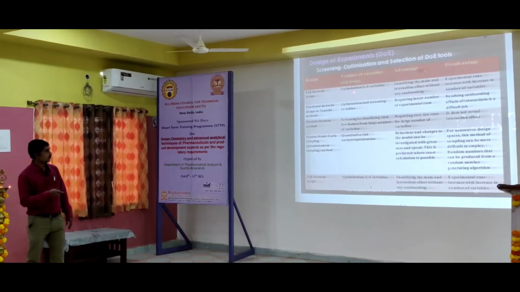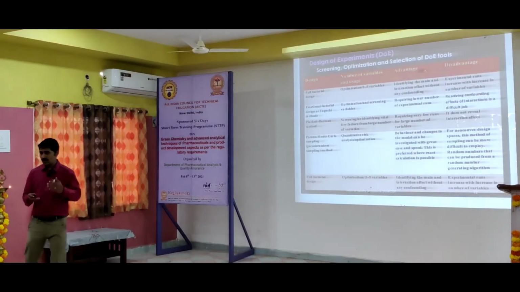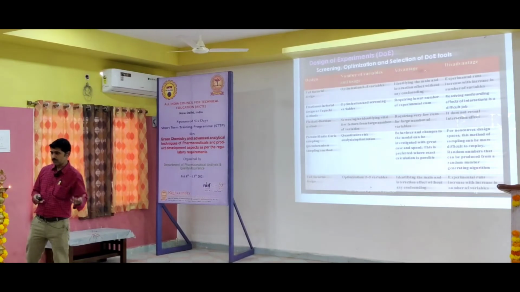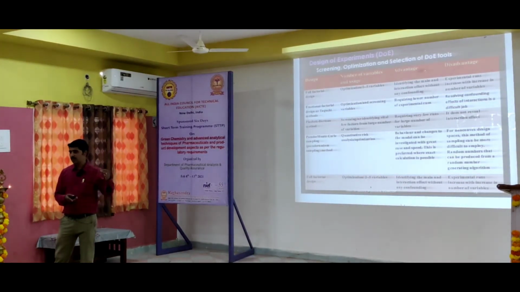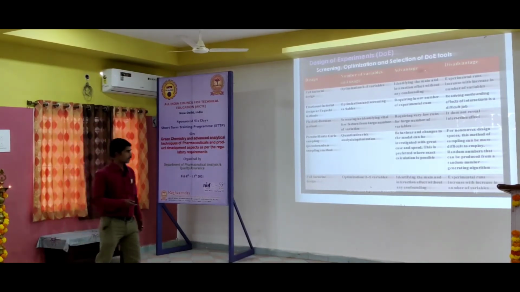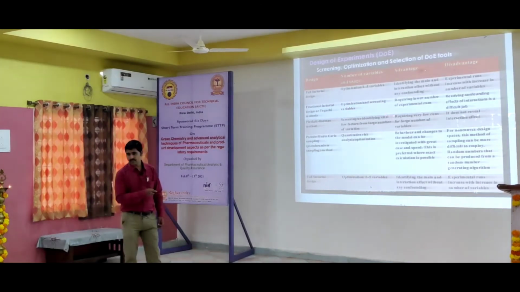If you have to optimize only 2 to 5 variables, we will select full factorial design. Like outputs, what you need, RT, resolution, peak area, and if you want to go further, then we will go for this one. And for optimization and only screening of variables, we'll go for fractional factorial.